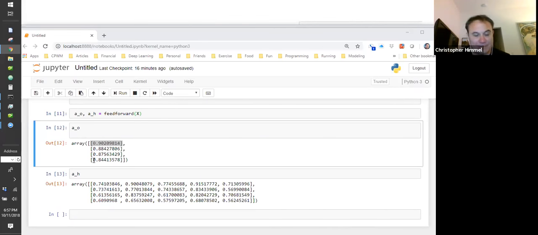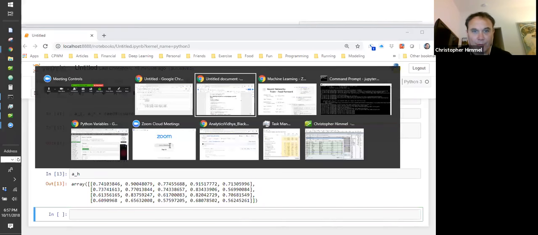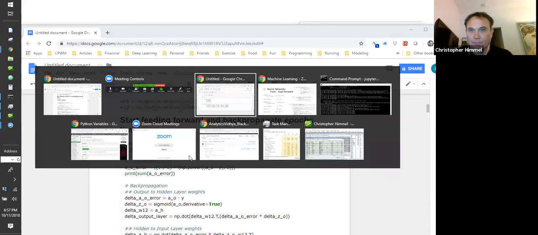Actually, they were pretty smart, because at this point, the next thing we will start doing is figuring out how to adjust the weights, the W's, so that this is closer next time. So again, here's the output of the hidden neurons. Okay, so that was that part of the code.